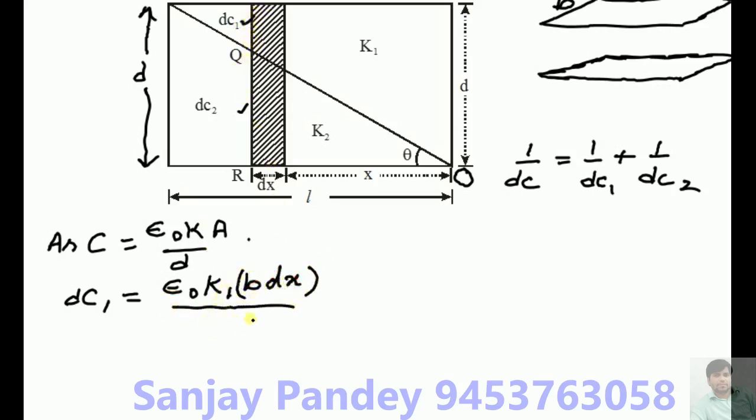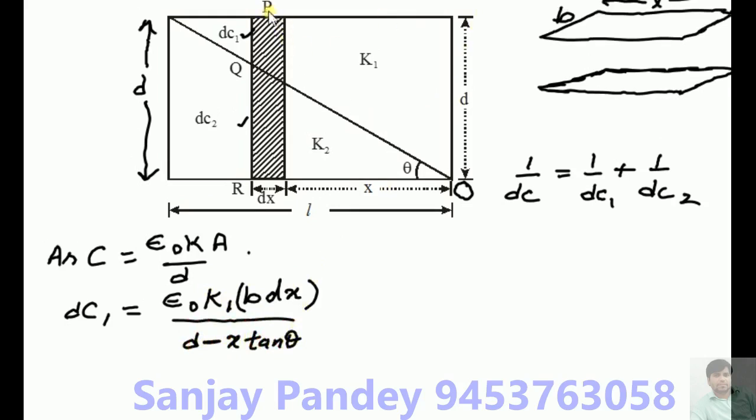Separation PQ is D minus x tan theta. This point is P and this is Q.